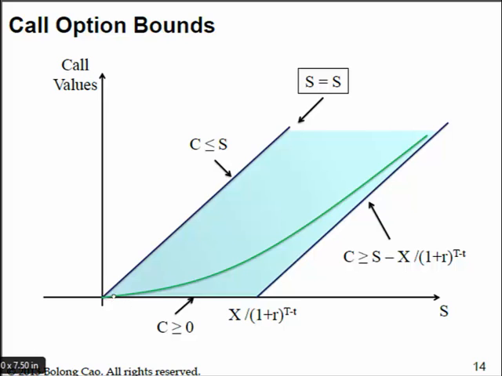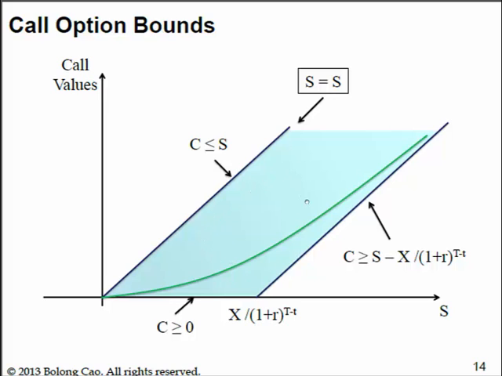So if we have the Black-Scholes pricing formula, what we have is this kind of line for the option value. It's kind of convex towards the strike price, this line. That's the option value. But without that, what we know at least is that this option value will be within this light green region.